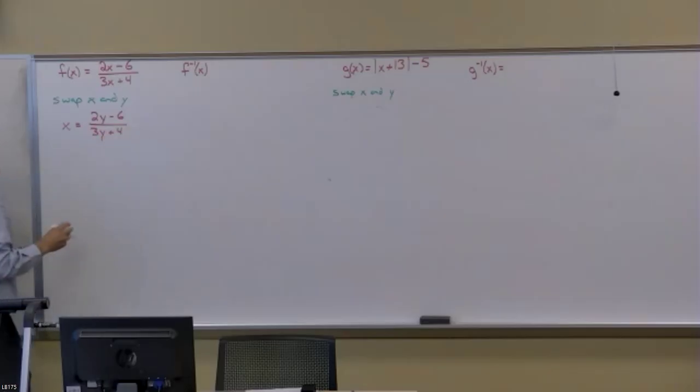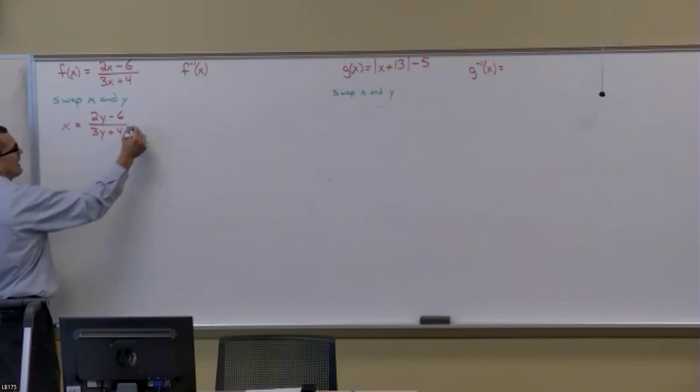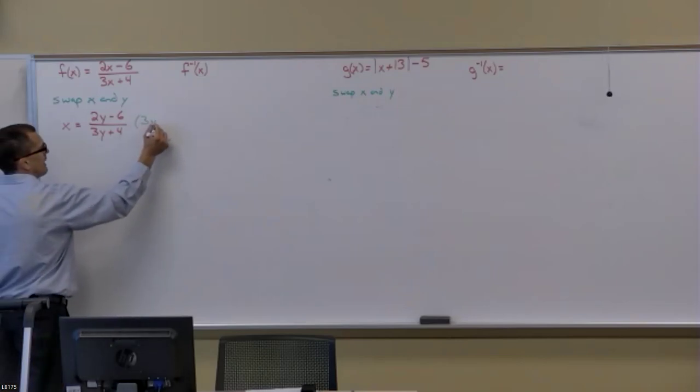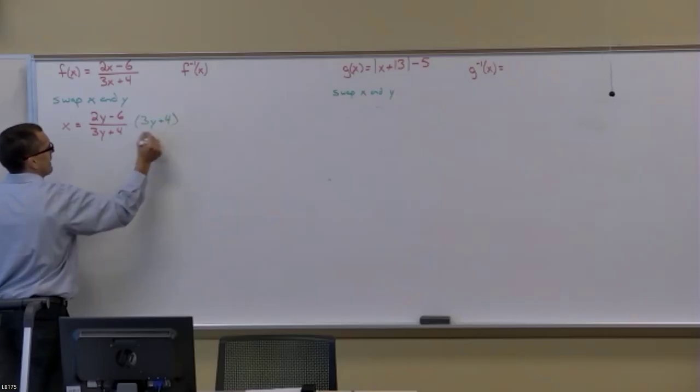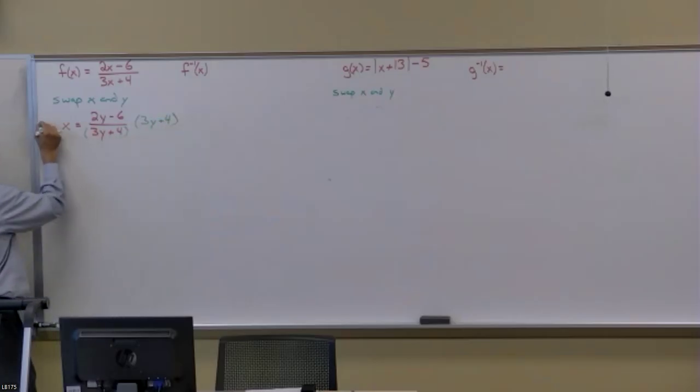So swap x and y, and in the same way we did in the previous two examples, we're going to multiply both sides by the denominator. So to get rid of the denominator, I would multiply both sides by 3y plus 4.